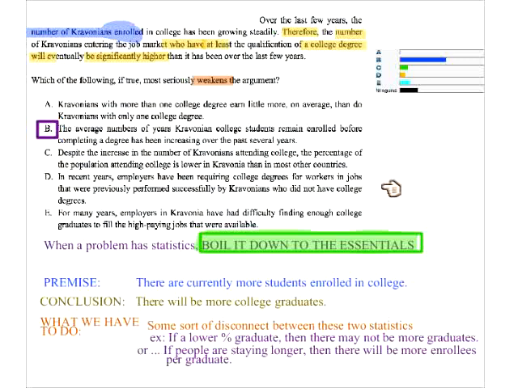The argument is about who is entering the labor market and with what degrees. It's not what kind of jobs they will take. And then E is also not relevant because, again, we're not talking about filling jobs. We are just talking about who is entering the market with what. And the argument does not deal at all with what they do once they are in that market.